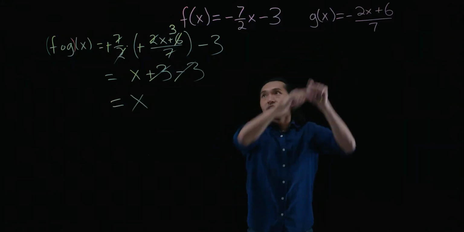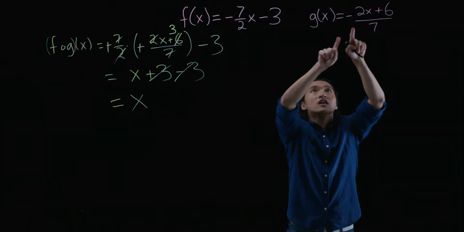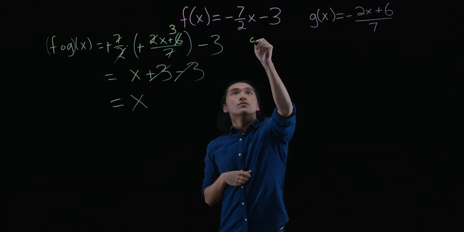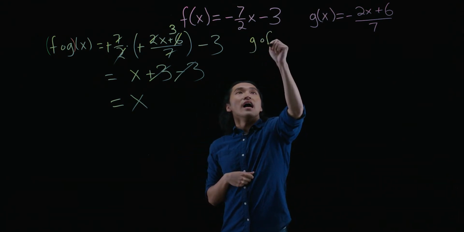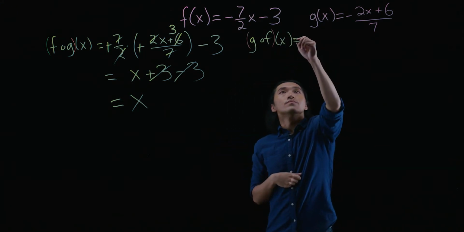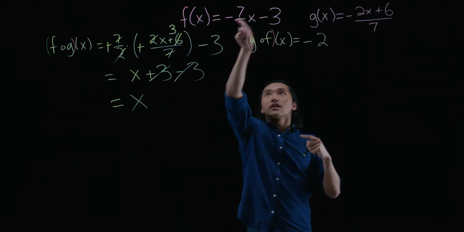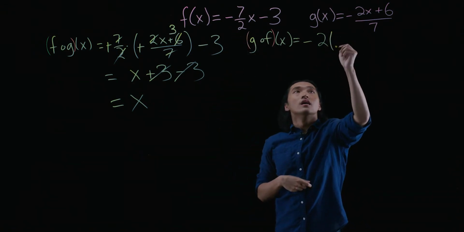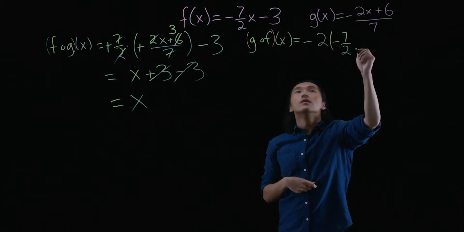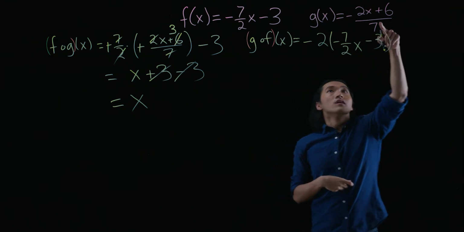So now we're going to do the same thing here. We're going to take f of x and plug it into the x for g of x. So this is going to be g of f of x, and that's equal to negative 2 times, and then we plug this in: parentheses, negative 7 over 2 x minus 3, and parentheses, plus 6.